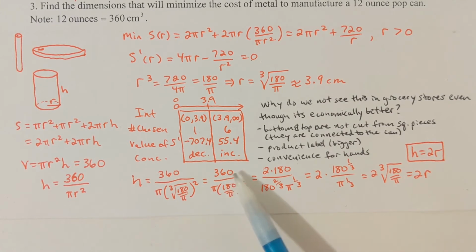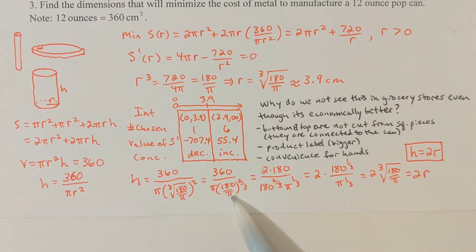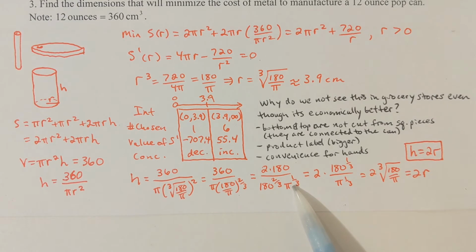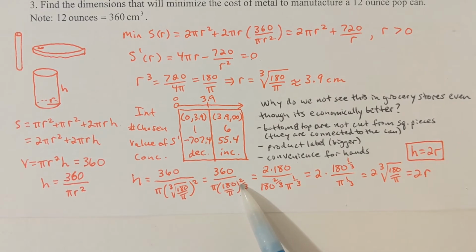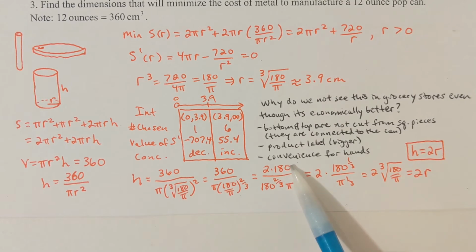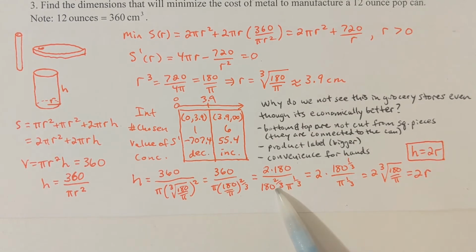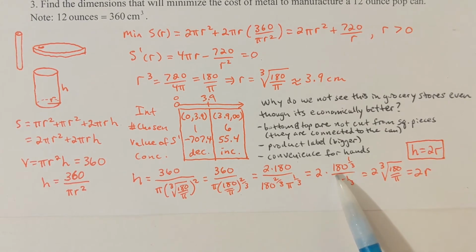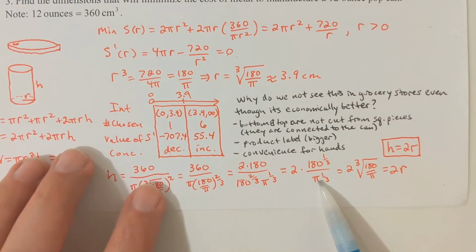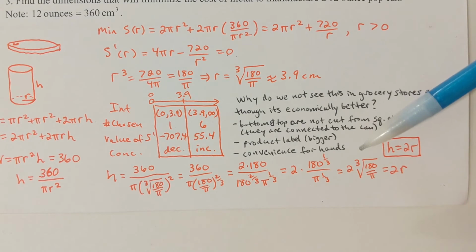And a 360, that's the same as 2 times 180, right? Pi divided by pi to the 2/3 would be pi to the 1/3. And then I've got 180 to the 2/3 there still. 180 divided by 180 to the 2/3 would be 180 to the 1/3. 180 to the 1/3 divided by pi to the 1/3, that'd be the same as 180 over pi all to the 1/3, or the cubed root of 180 over pi.